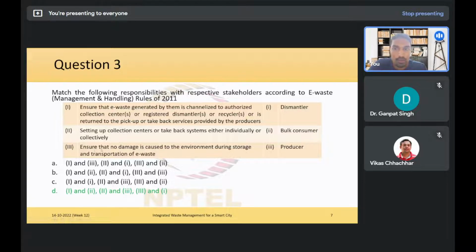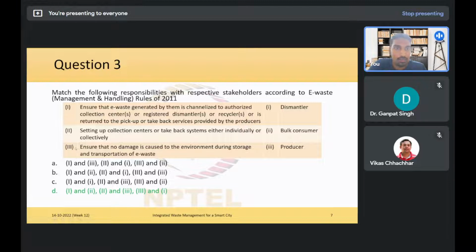And the last one also is ensure that no damage is caused to the environment during storage and transportation. We saw this for the collection centers. It also applies to the dismantlers as well, because they have to further send it to the recyclers, right? So also no damage should be caused.